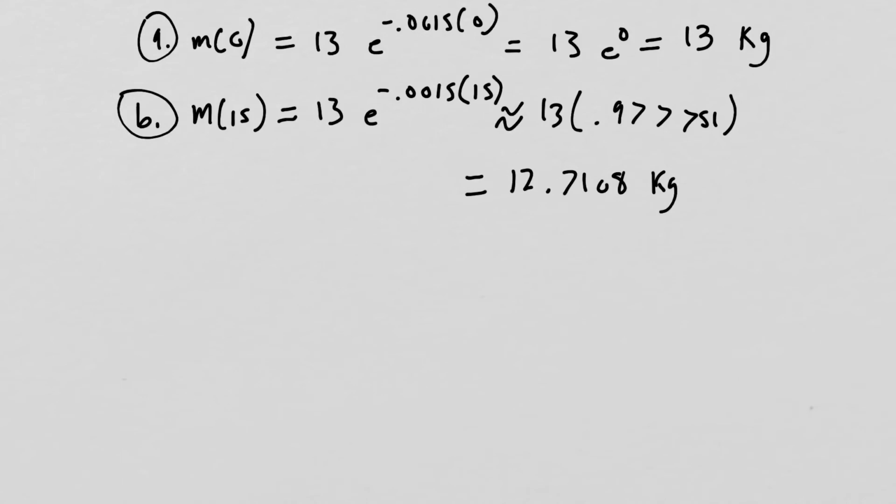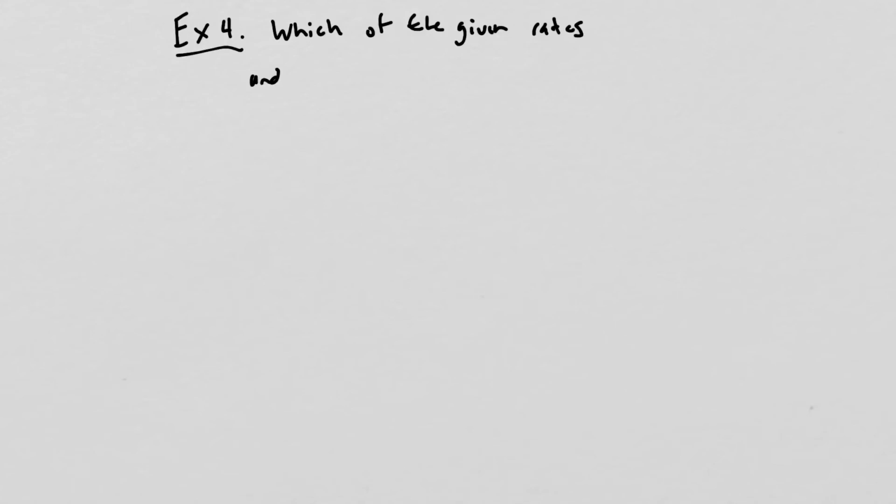Now let's do a comparison between compound interest and interest that's been compounded continuously. This is example 4. Let's see which of the following rates and corresponding periods will provide a better investment.